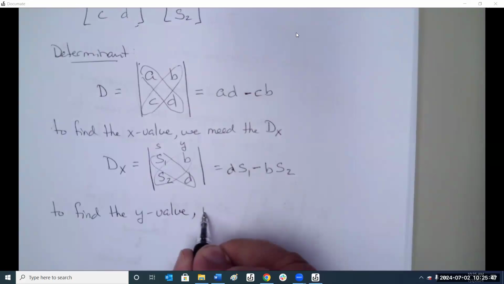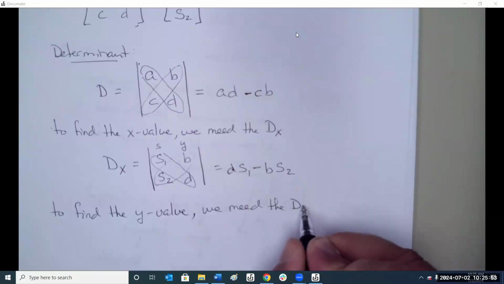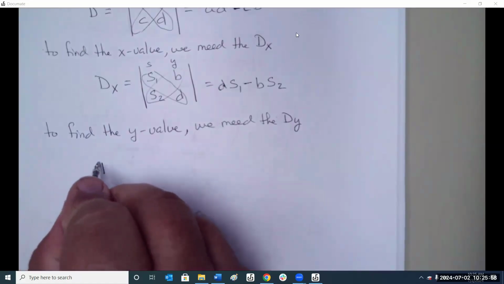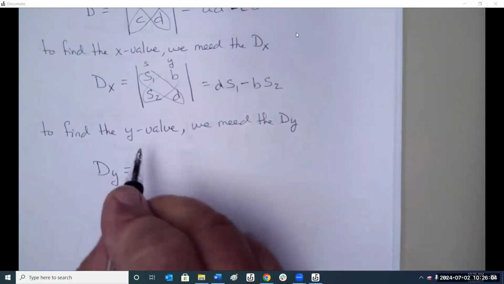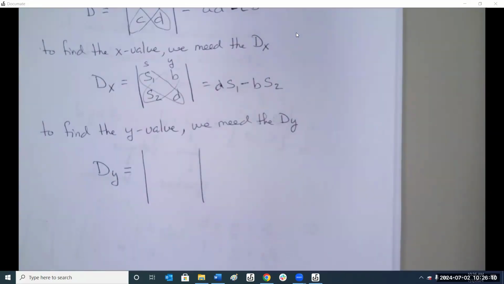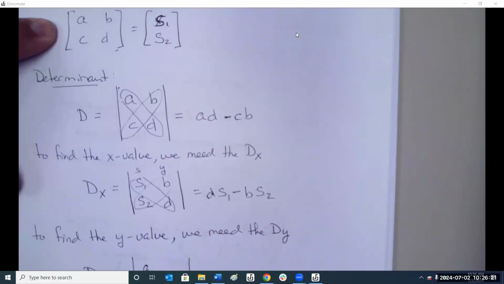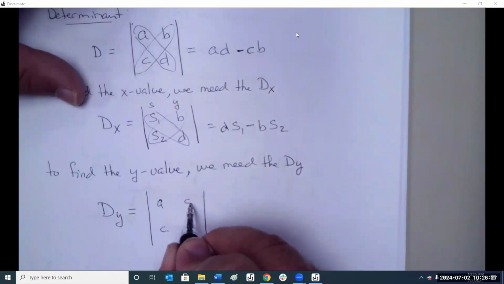To find the y value, we need the Dy. So in this one, since it's the y, we leave the x values alone. So it's A and C. And put the answers in the y column.